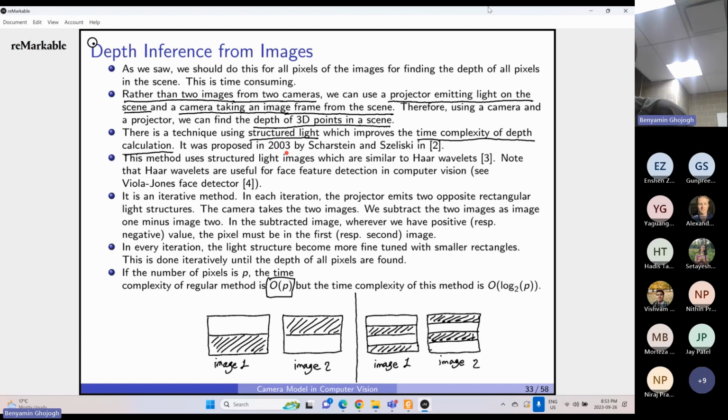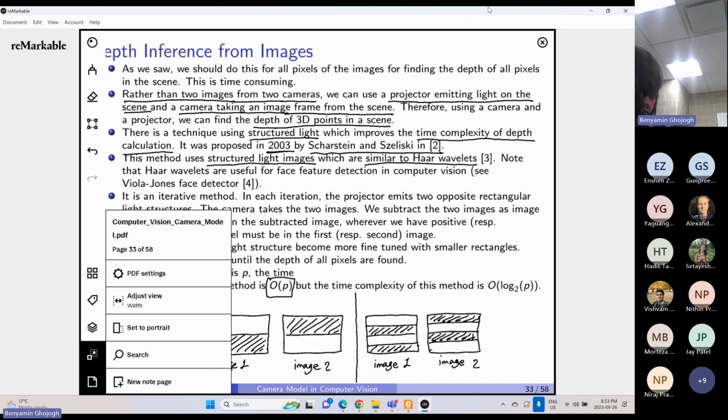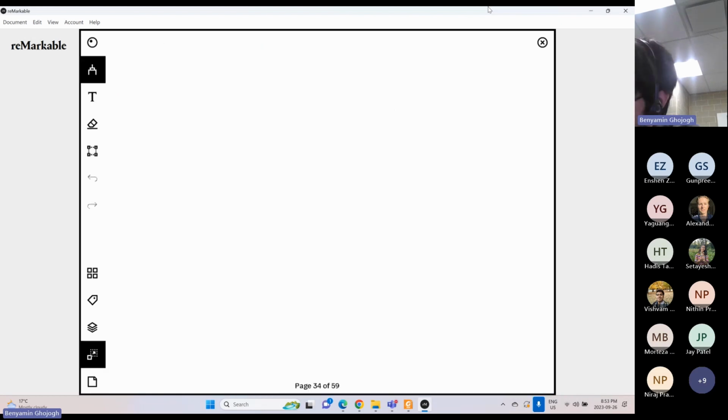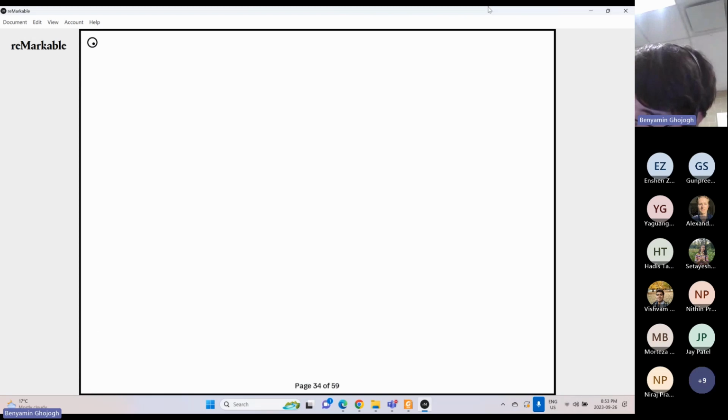It was proposed in 2003 by Scharstein and Szeliski. These are important people in computer vision. This method uses structured light images, which are similar to Haar wavelets. I don't know if you have seen Haar wavelets. Let me add a page. Sorry, I need to go at a faster pace for us to cover everything here.